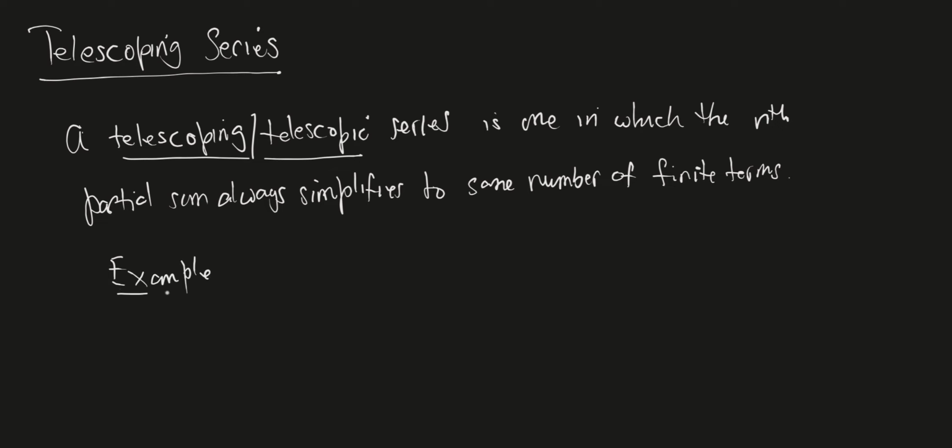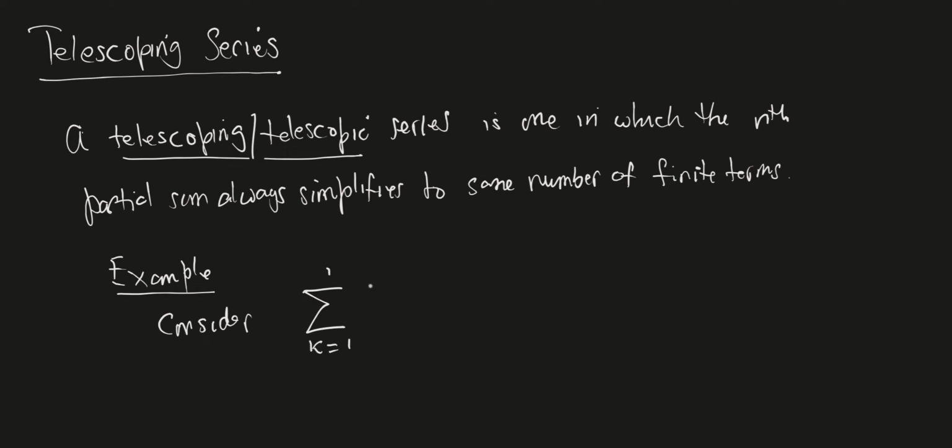Suppose we have the series, so let's consider this. Let's write that. So consider the series k going from 1 to n, and suppose we have the quantity 1 over k plus 1 minus 1 over k plus 2.